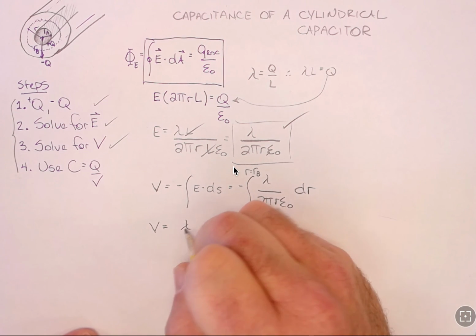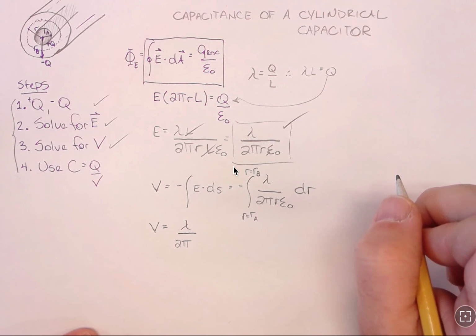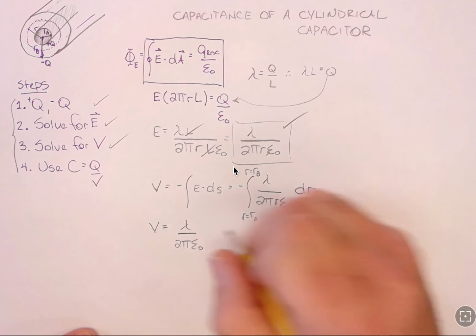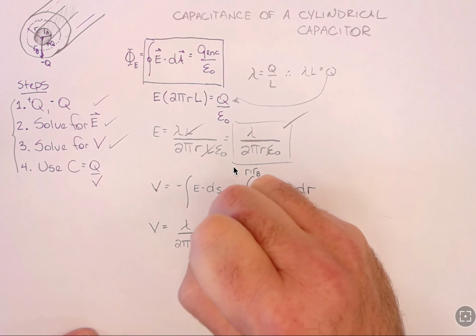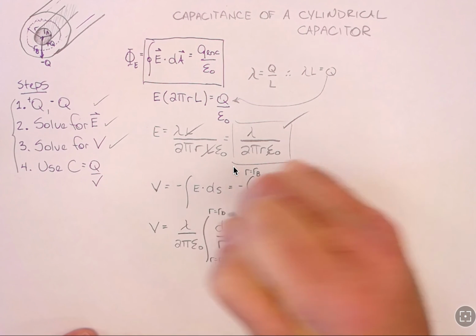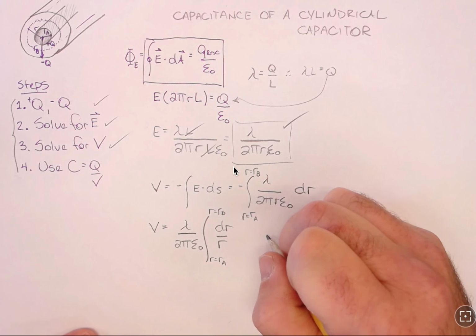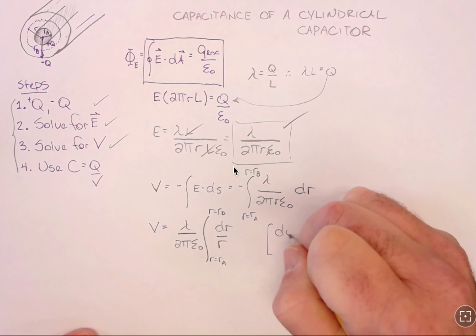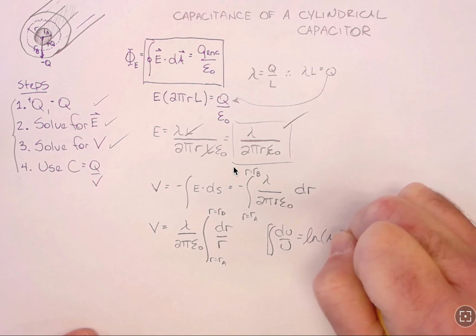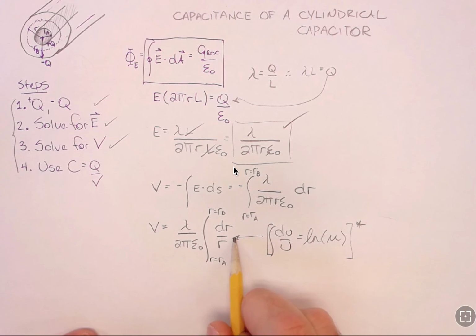The constants are lambda, 2 pi, and also epsilon naught, and I'm left with dr over r, which is being integrated between RA and RB. So the dr over r takes the form of du over u. I'm going to write this off to the side. When we integrate du over u, that's just the natural log of u. Since we know this from calculus, we can apply it in this situation.